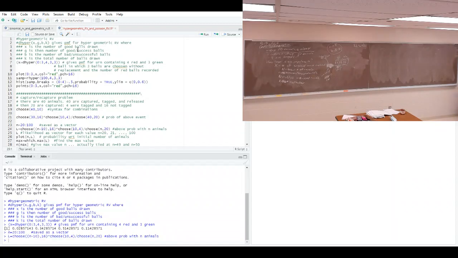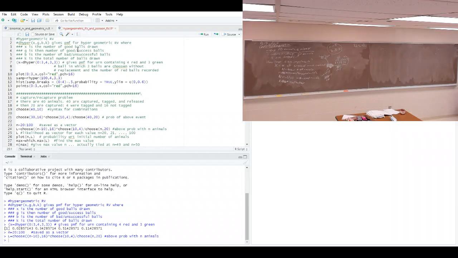Okay, so I'm creating this little vector here that starts at 20 and goes off to 100 for different values for N. Although I could have started at 26, I guess, right? And my likelihood function will be exactly this. I have my N minus 10 choose 16 times my 10 choose 4. I just have those two spots. Divided by my N choose 20 here.